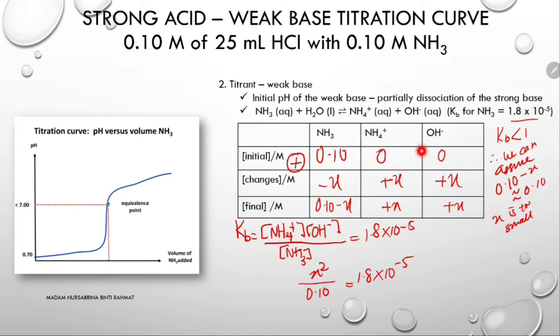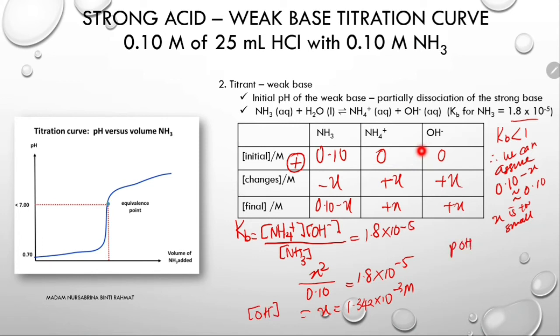If you solve this, you will get X to be 1.342 times 10 to the power of negative 3 molar. And this X is referring to the concentration of OH minus as well.